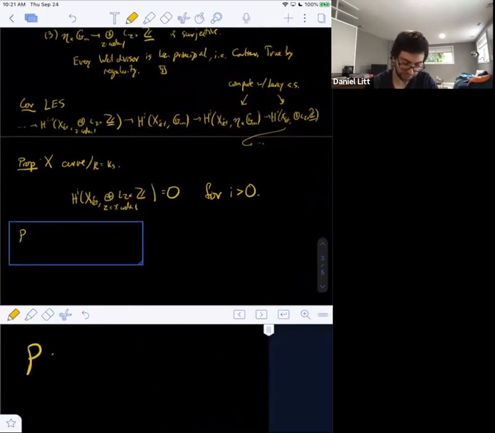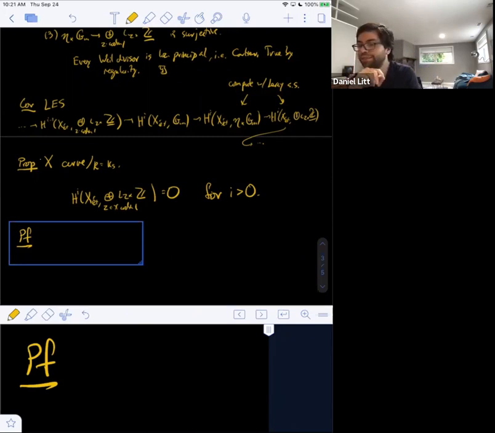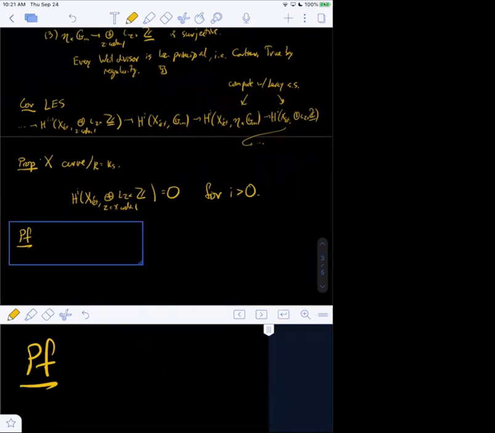Okay, can anyone help me prove this? So how would you get at something like this? I guess the cohomology commutes with the direct sum.